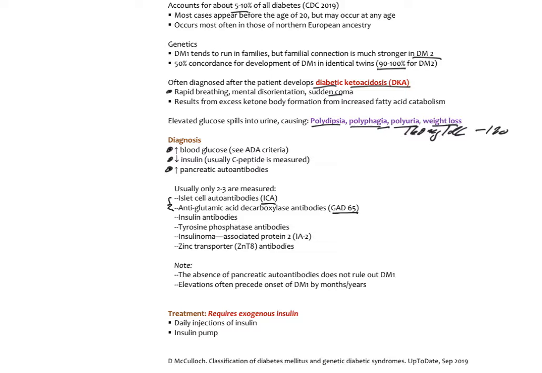In an insulinoma, which is a tumor of the beta cells where they oversecrete insulin, there is elevations of specific protein, IA2. And then we can also see antibodies against the zinc transporter in type 1 diabetes. So that would be another set of antibodies. But again, the first 3 are the typical ones. When you order an autoimmune pancreatic panel, they typically include those 3 or even just the first 2.